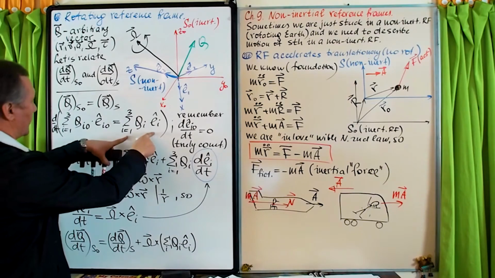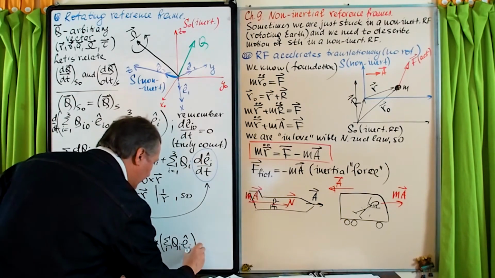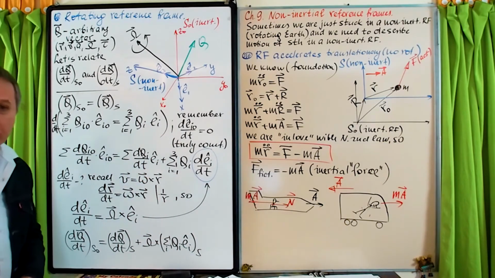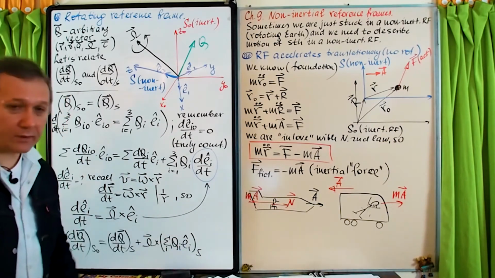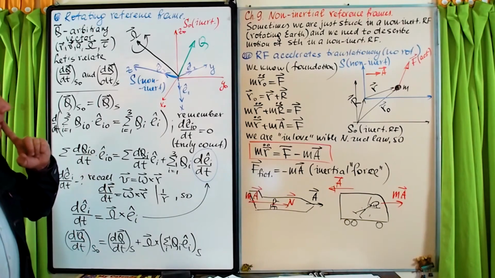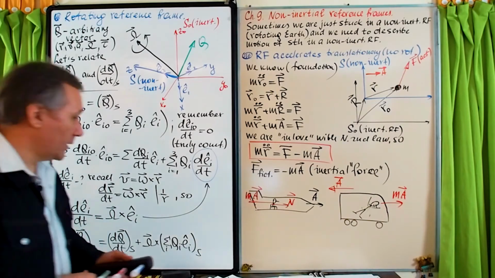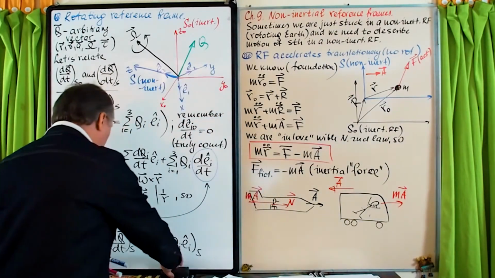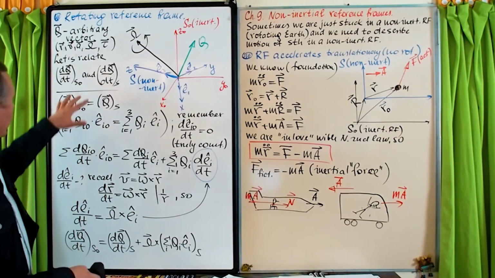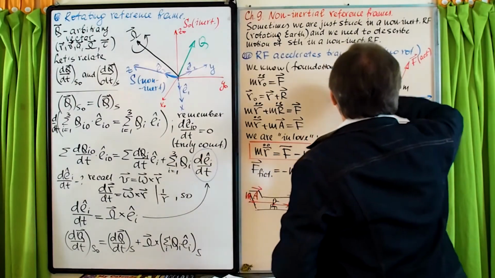So this term, it's in S, and we differentiate it in the non-inertial reference frame. So I have to add, of course, subscript S. Okay, so now I don't think I need that, so I can erase, and we can actually write down the formula which relates these time derivatives. That's what we needed.